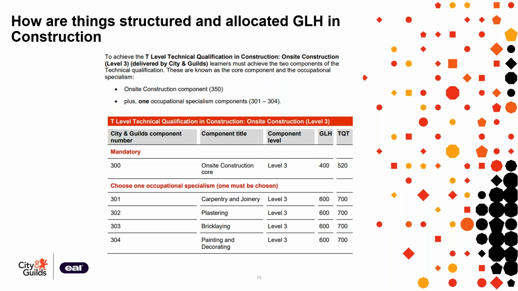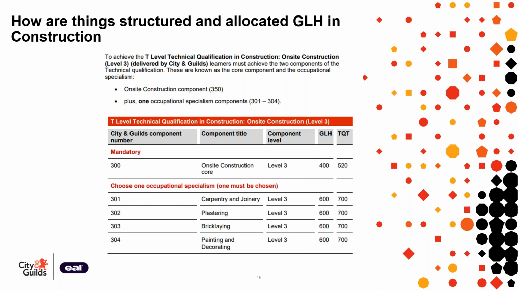Originally, for construction on site, the occupational specialisms were 500 GLH, and after endless amounts of feedback from providers and employers, we upped that to 600 to make it more in line with the skills development and knowledge required. It gives you the component numbers, or unit numbers as we're probably more familiar, how the components are split, the GLH and the TQT.